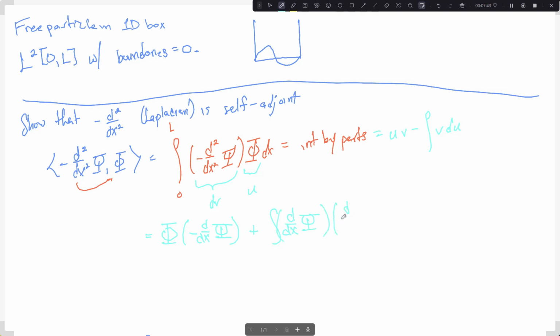Du now is d dx phi dx. So that's integration by parts, one step.